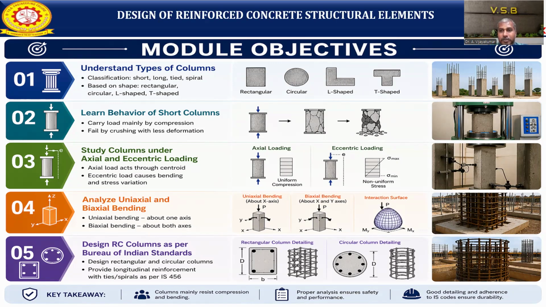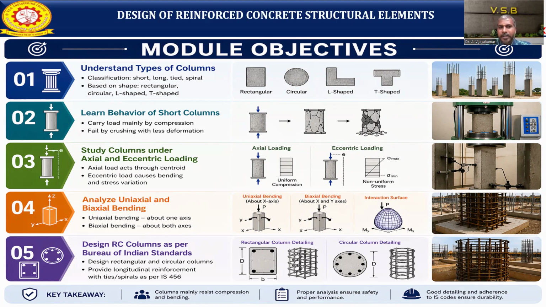As a learner, you need to understand the different types of columns used in the practical field. The classification is mainly based on whether it is a short column or a long column, and a tied column or a spiral column.